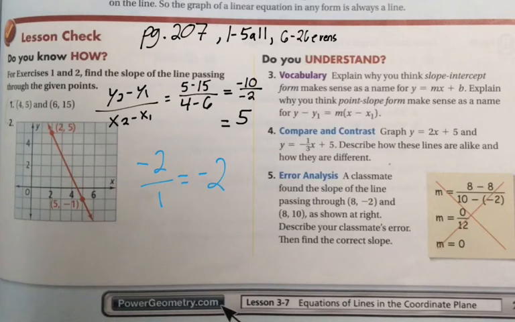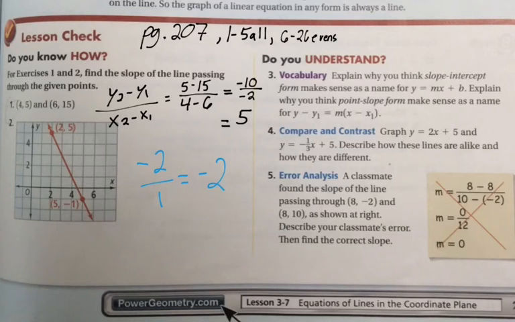Number 5, error analysis. So let's learn from your classmate's mistake here. The points are (8, -2) and (8, 10). Your classmate tried to find the slope of the line that goes through those 2 points. Where did he or she mess up? Look at it closely.